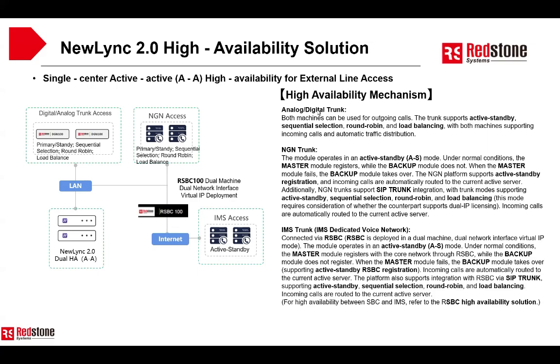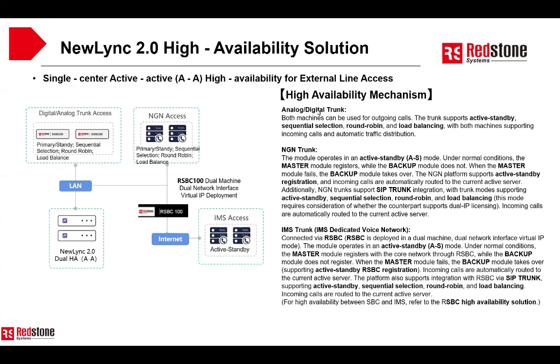But the only problem is that NewLync does not support dual network interface deployment. You should bear this in mind. It means it cannot directly connect to the private network environment. So we have to overcome this by leveraging a dual network SBC to bridge the public and private networks.